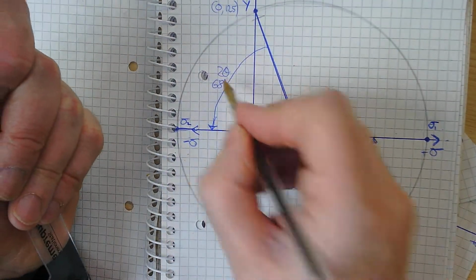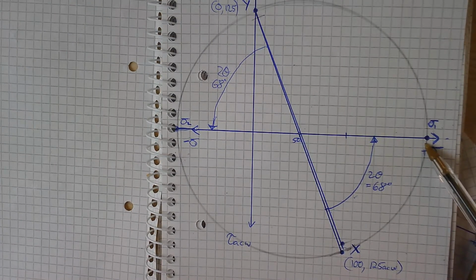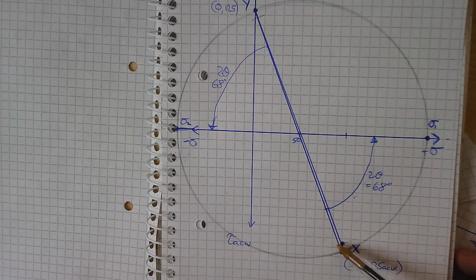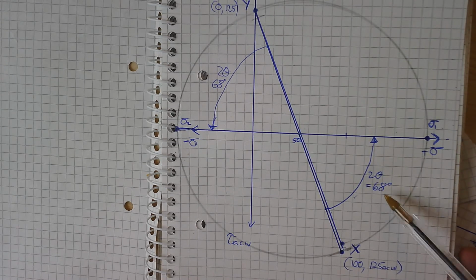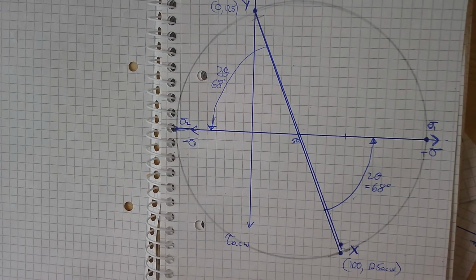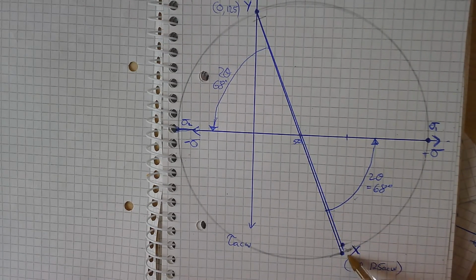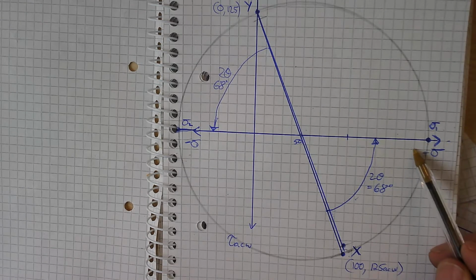68 degrees. So in the real world, the maximum normal stress, or that first principal stress, would be half of that. It'd be 34 degrees anti-clockwise from your original x-axis. Alright, so if 2 theta is 68 degrees, theta would be 34. And it's 34 anti-clockwise from x to the maximum principal stress.